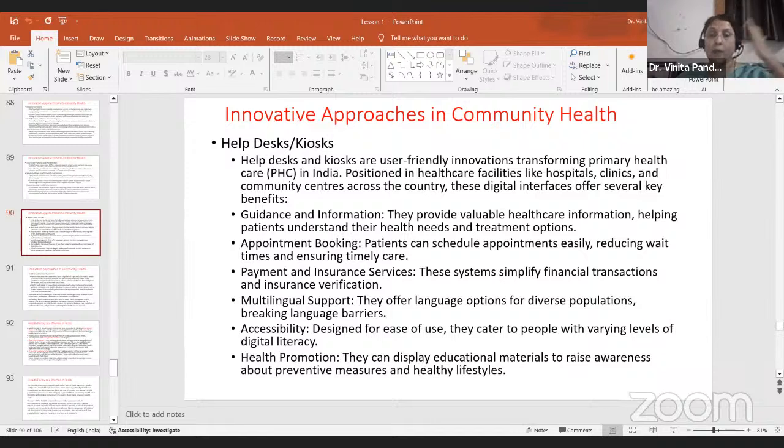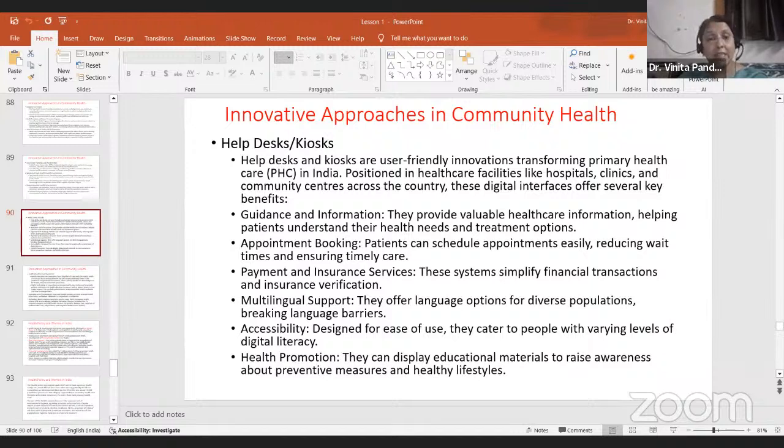Everyone may not be speaking English, or like let us say in Telangana, all might not be speaking Telugu, all might not be speaking English. Some people can be speaking Hindi, Gujarati, Marathi. So for multilingual support also, language barriers are broken by these help desks or kiosks.